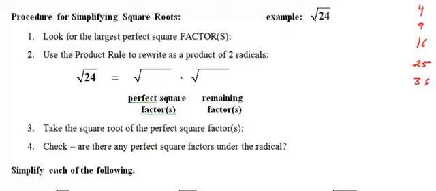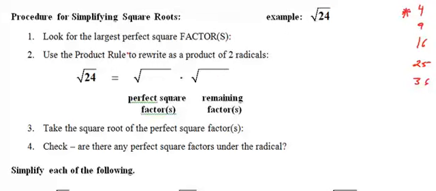If this number under here contains any of these as a factor, in other words, do any of these divide evenly into it, then it is not in simplified form and we need to simplify. Well, 4 divides evenly into 24. So this is not in simplified form.